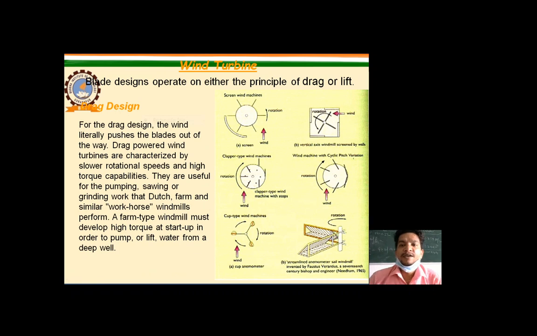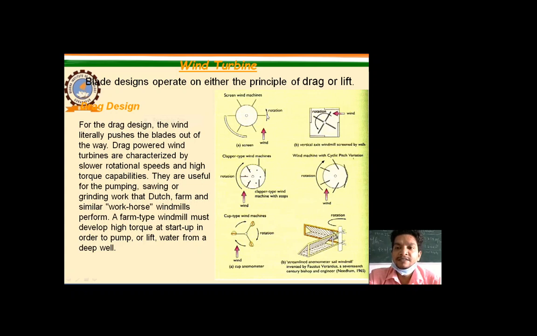Now, from this slide you can see the design-related diagrammatic approach for the wind turbine. First diagram you can see, this wind machine is a clapper type of machine, in which you can see the screen of the wind machine is allocated over here, and the rotation takes place in a particular sense.